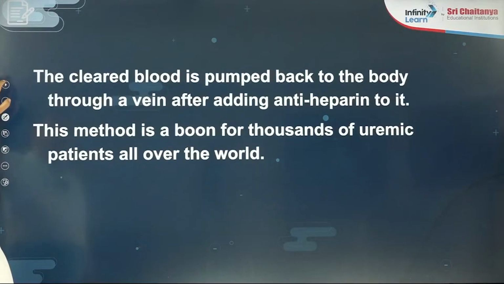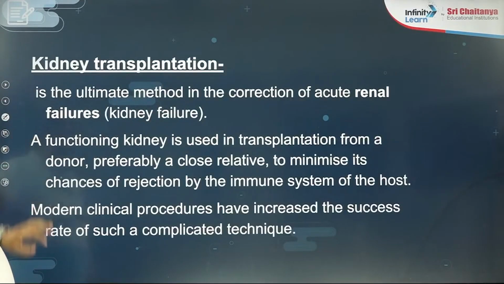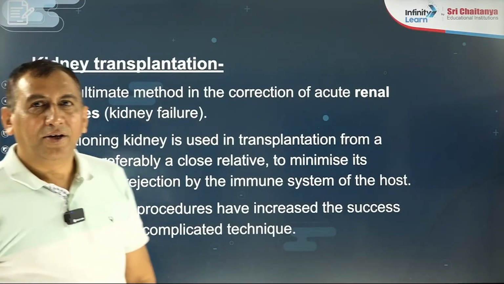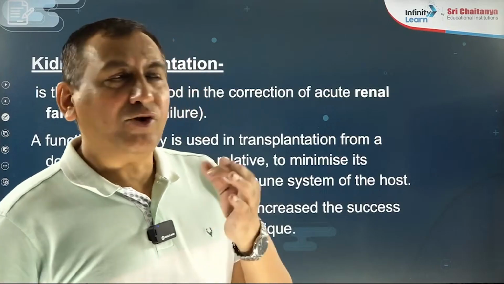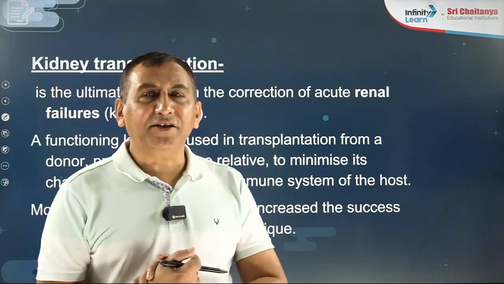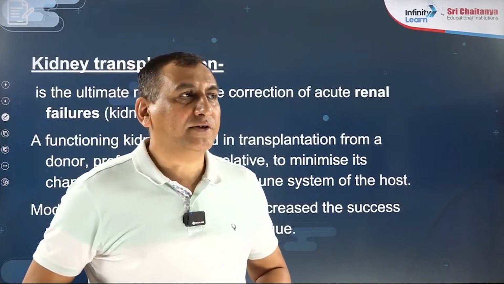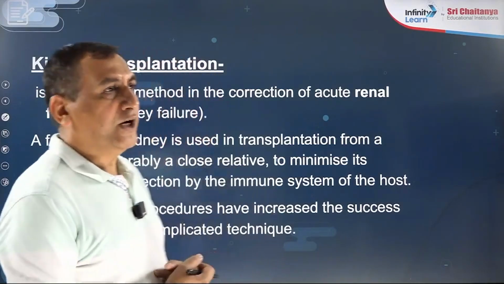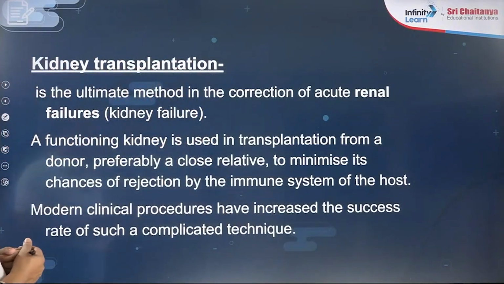Now, I think you know about kidney transplantation. When are we going for kidney transplantation? When the kidneys of a person are not functioning properly, we go for kidney transplantation. I will tell you one very interesting fact.